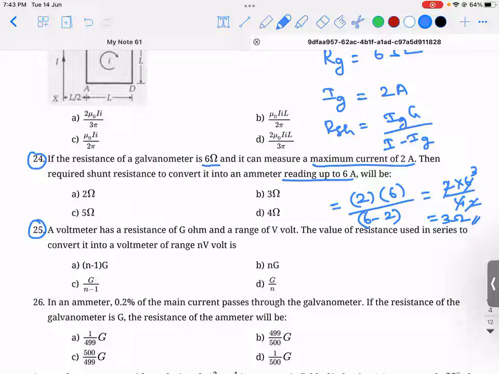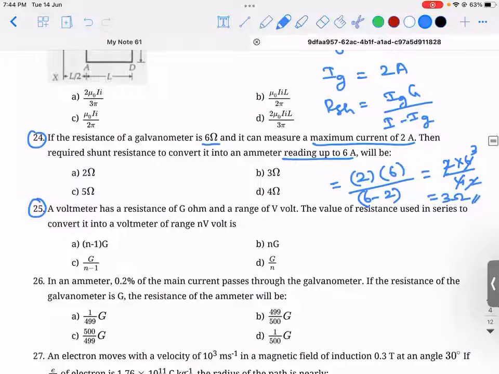N minus 1 G. That's right. So keep proceeding.